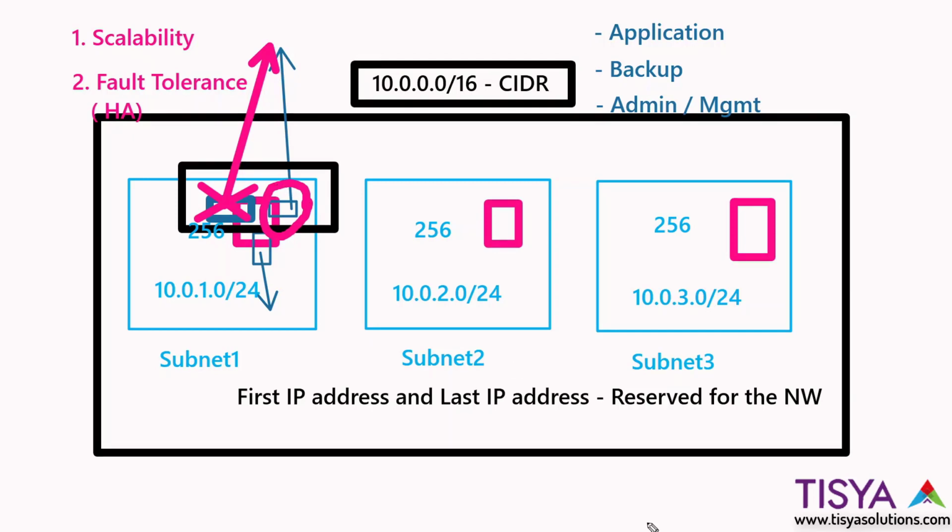So at an OS level, I can do what is called network bonding, and using this facility, I get the benefits of scalability and fault tolerance.